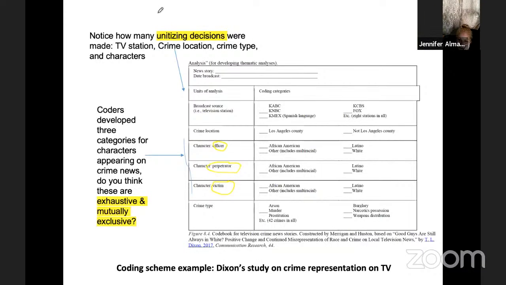Like medical workers? Okay, medical workers, right? And when a news station goes to cover a crime scene, they do what?